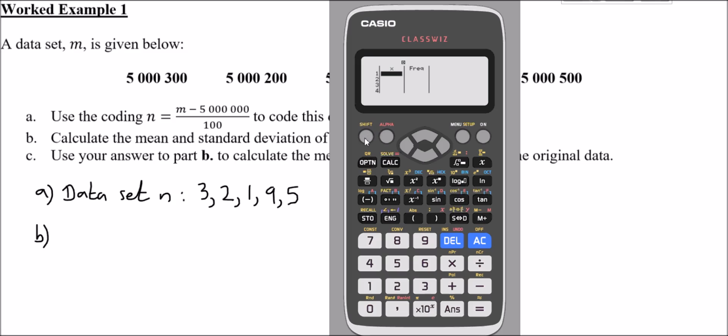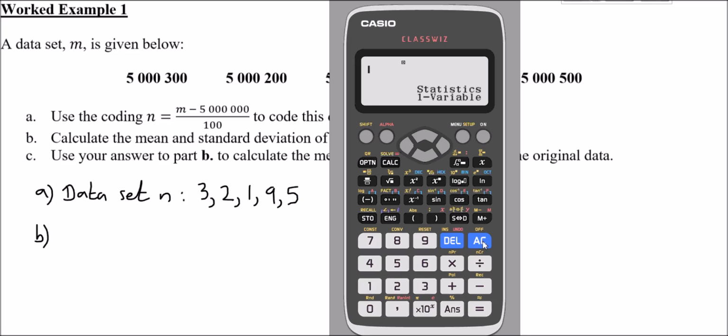I'll show you how, because it's not a frequency table, we don't need it. Press Shift menu, scroll down to statistics, press option 3, press 2 to turn frequency off. And there you have it, we can just put them in one by one now. The first value is 3, press equals, 2, press equals, 1, 9, and finally 5.